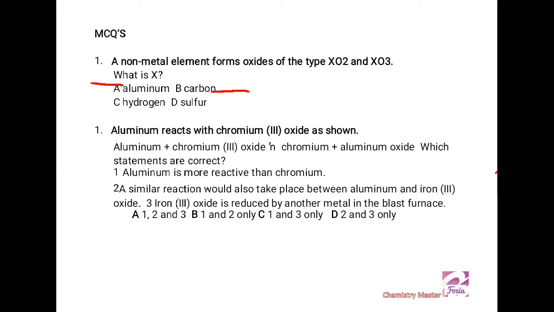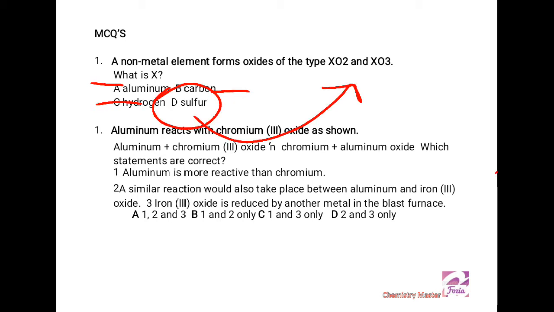Carbon can form only 2 oxides, that is carbon monoxide and carbon dioxide, because its maximum oxidation state is 4. Hydrogen, again, is only monovalent. But when we see the position of sulfur in the periodic table, it is in group 6. So it must be forming 2 of the oxides.